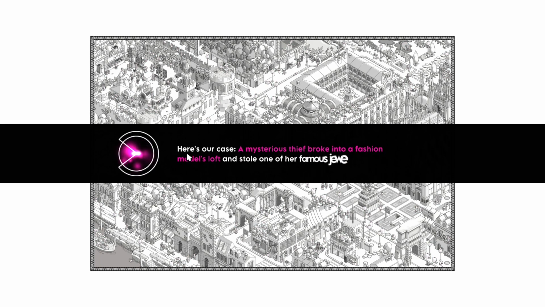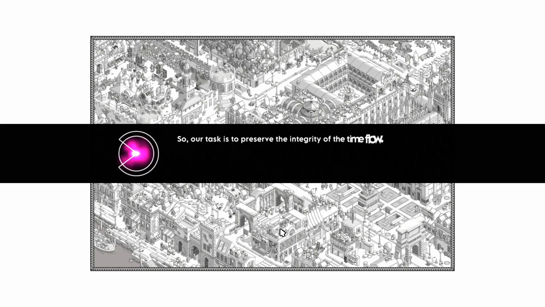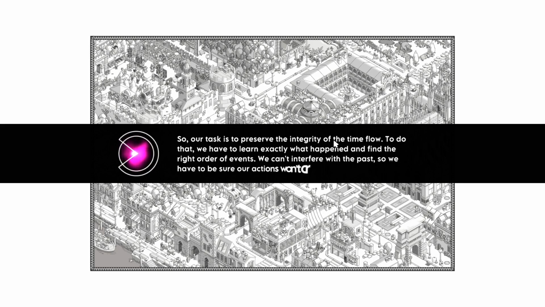Okay. Here's our case. A mysterious thief broke into a fashion model's loft and stole one of her famous jewels. But there's the catch though. According to the true timeline, the crime hasn't happened. So our task is to preserve the integrity of the time flow.